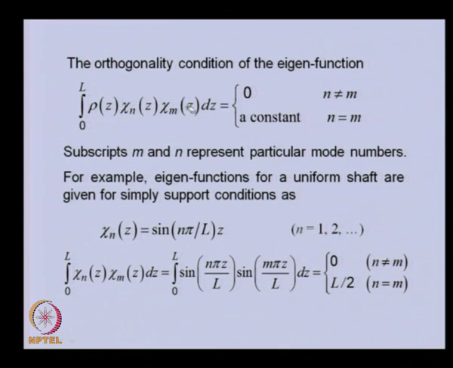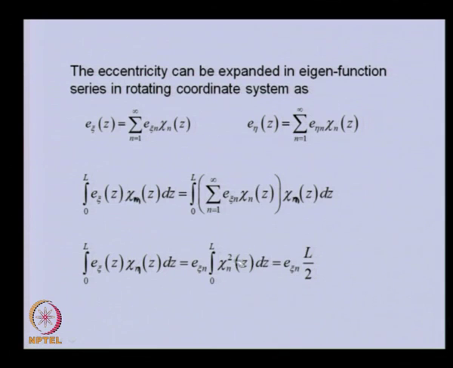We already discussed earlier that if m is not equal to n, then it becomes 0, and if it is the same, then it is a constant quantity. For the simply supported rotor case, we have this as the eigenfunction. Earlier we obtained this also, and if we substitute this eigenfunction in this integral, we will see that when both are not equal, this quantity will be 0. If n is equal to m, this will be L by 2. So, this property we used here to calculate this.